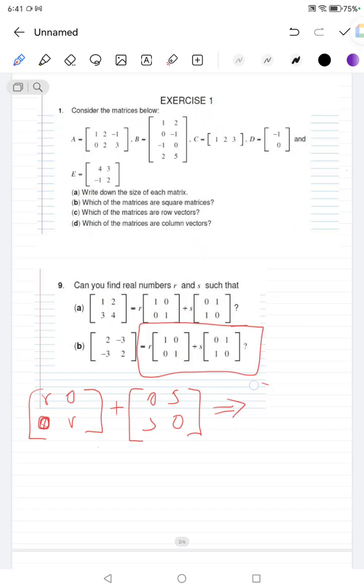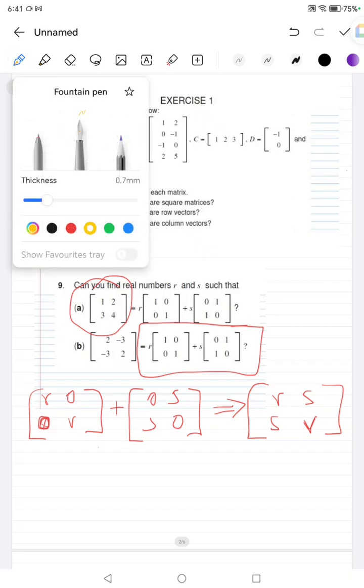Then when you add them together, they're going to give you what? You're going to have R on this side, S, and R. Then you equate this one to this one that you see on this side. So now what do you have?